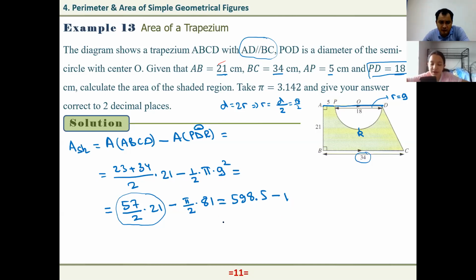How are you calculating this? I did like you told me, 57 times 21 divided by 2, and then I got the answer and subtracted it by pi. No, this one, only this one. How much did you get? Let me see. 3.142 times 81 divided by 2.